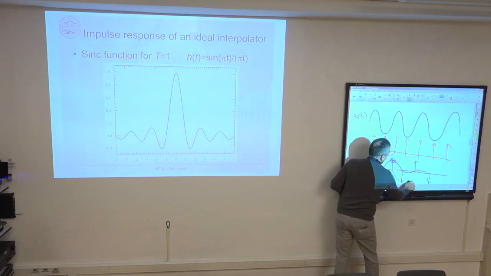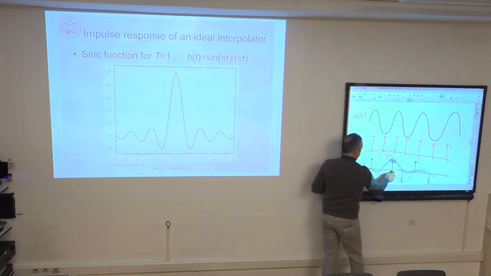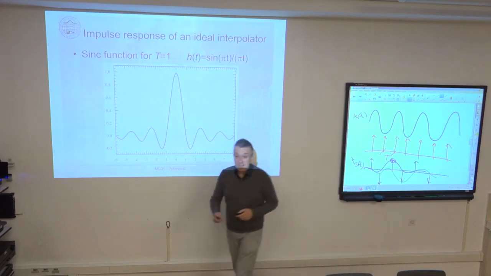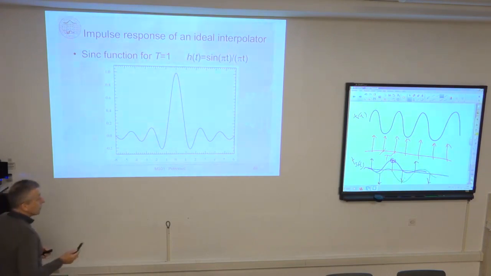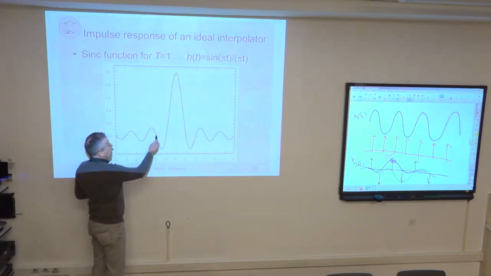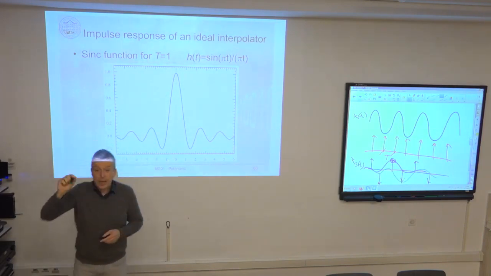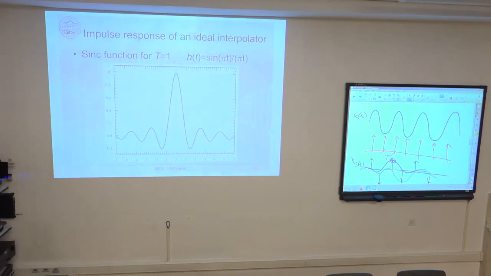So this is a negative sinc function going like that, we will know, hopefully. This sinc function passes exactly through 0 on all neighboring samples and passes through 1 at the position of the sample whose contribution I'm computing.